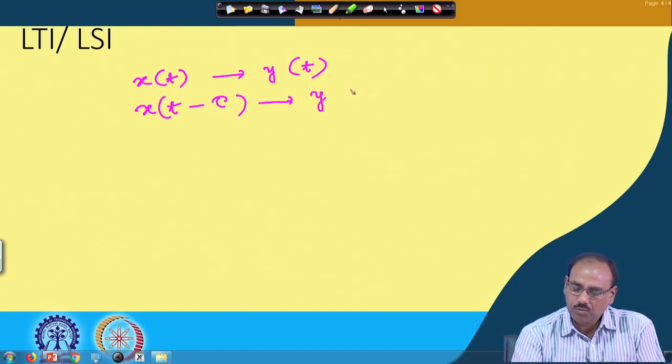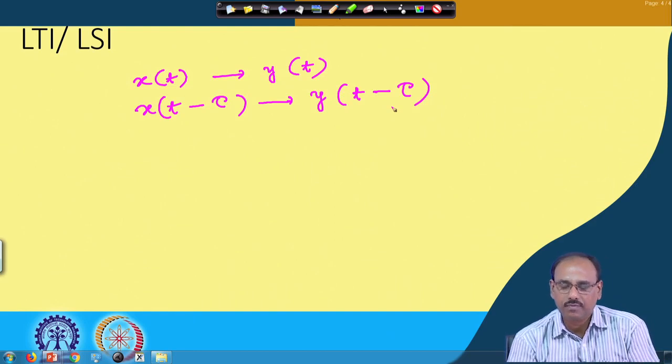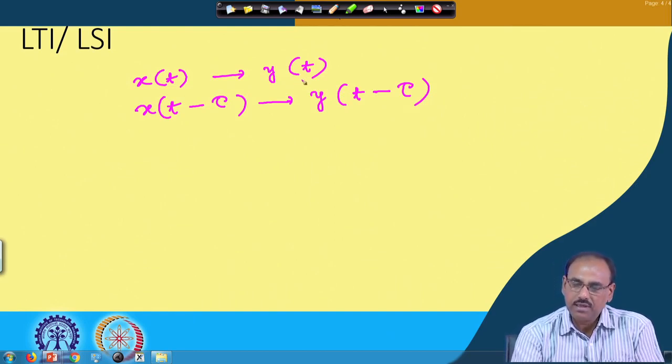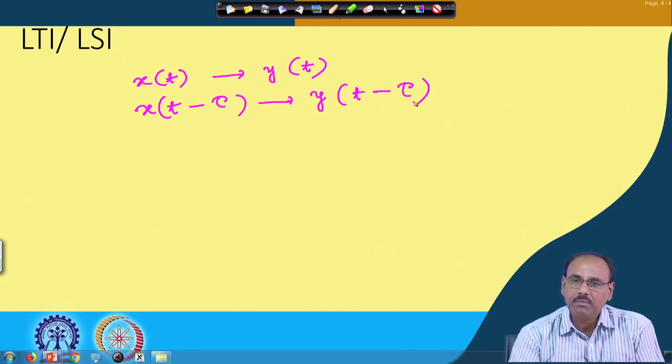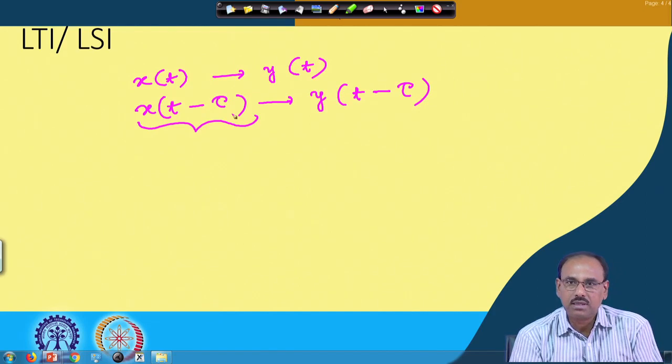Correspondingly, the output should also be delayed by the same amount. So, if y(t) is the output given an input x(t), then y(t minus tau) must be the output when the input is x(t minus tau). So, this is what is time invariant, that is, if the input is shifted, the response will also be shifted by the same amount.